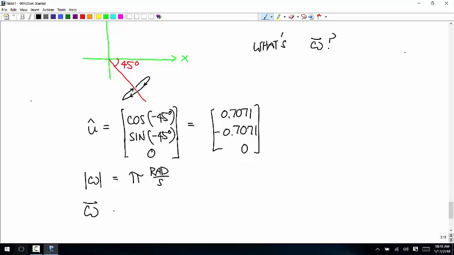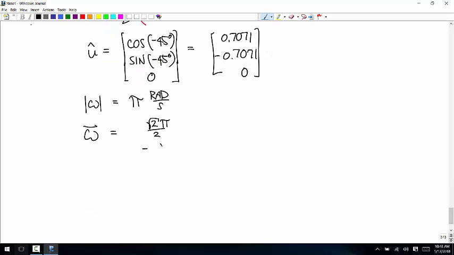So the angular velocity vector is equal to, this is square root of 2 over 2, right? So we got square root of 2 pi over 2, negative square root of 2 pi over 2, 0 radians per second.